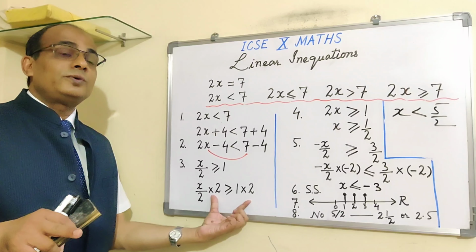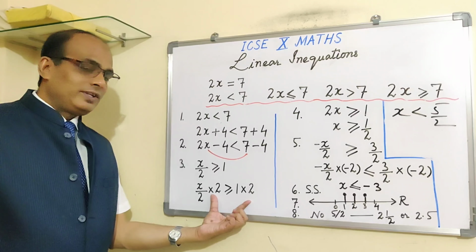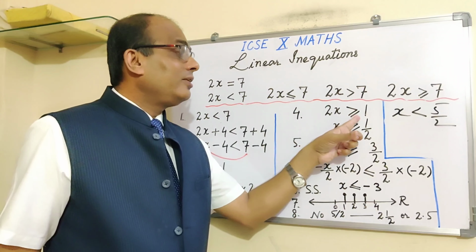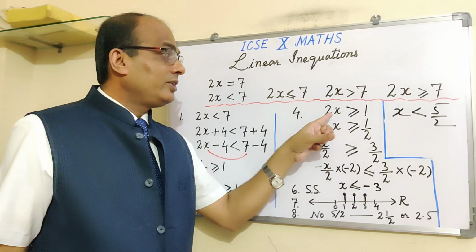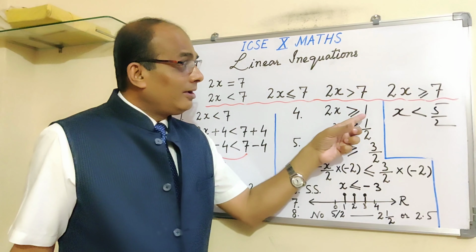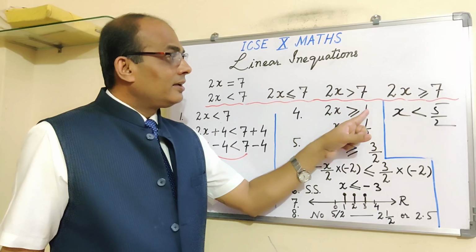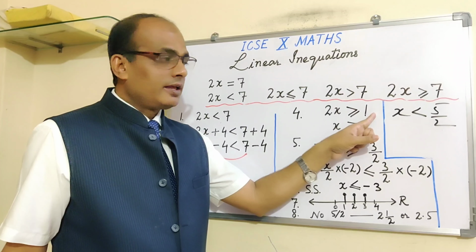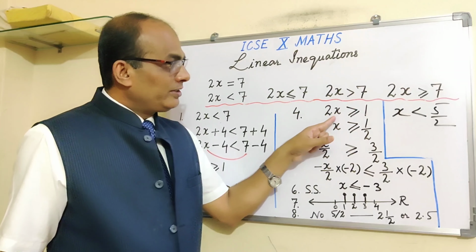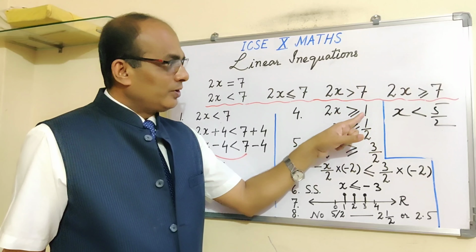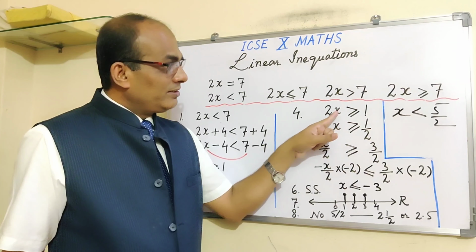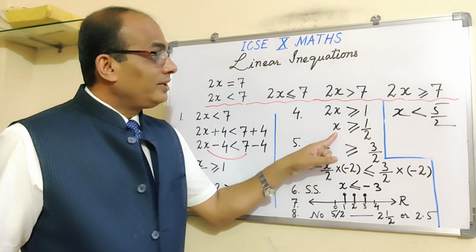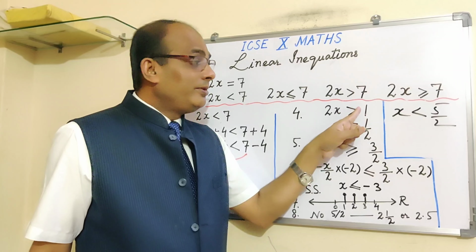Now the same is true if you are dividing both sides. See the example here. I have taken 2x is greater than or equal to 1. I am dividing both sides of the inequation by 2. So 2x upon 2 and 1 upon 2. The 2s cancel, and you are getting x here. What's happening? Is greater than or equal to remains the same.